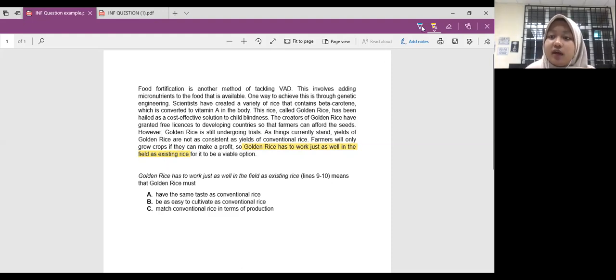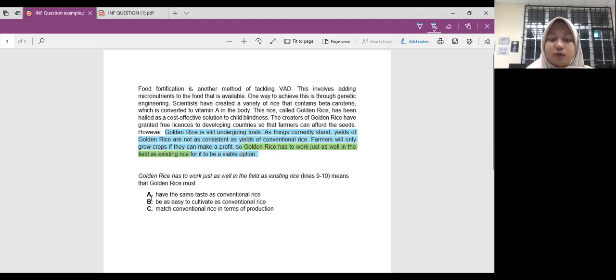The clues that I found here are: golden rice is still undergoing trials, until the last four lines.